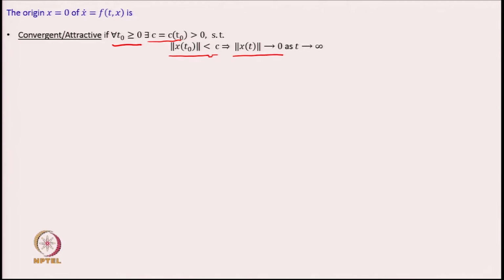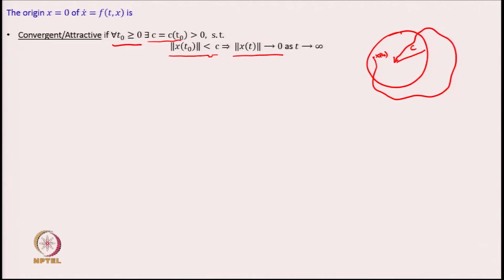So, this is an example of the equilibrium point being convergent or attractive. That is, if this is the ball of radius c, and if the initial conditions start somewhere inside it, then eventually they will converge to the equilibrium point.